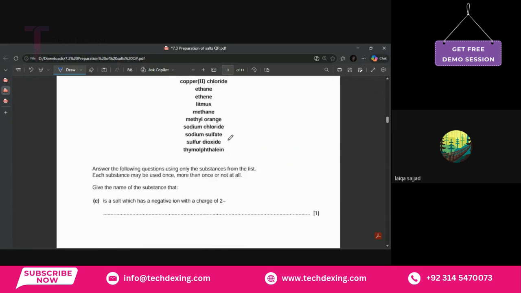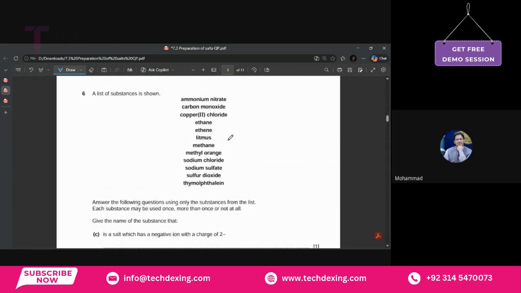A list of substances is again shown. You have to give the name of the substance that is a salt which has a negative ion with a charge of 2 minus.